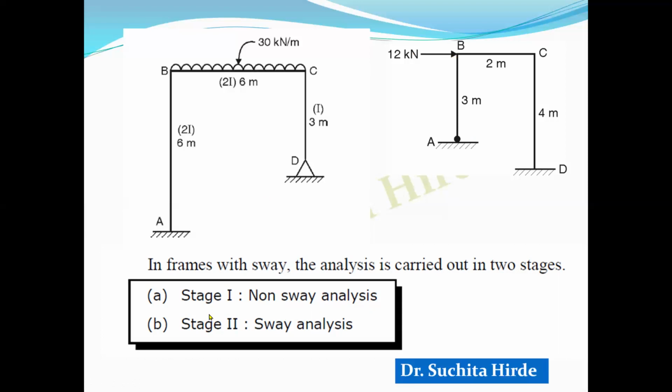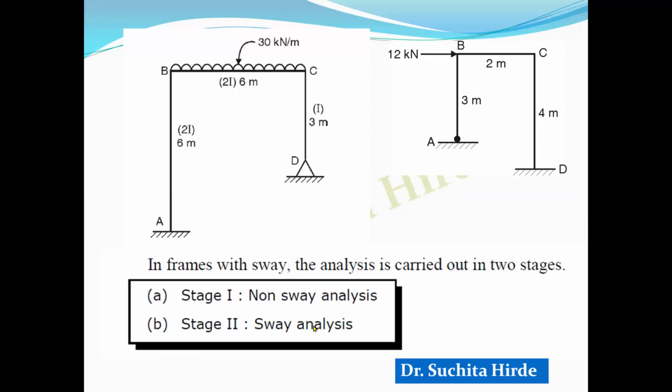In first stage analysis, what do we get? We get two things. First, the moment developed due to this fixed end moment, that is the final moments in the member. And second, we get the actual sway force on this frame. That is the purpose of first stage analysis.